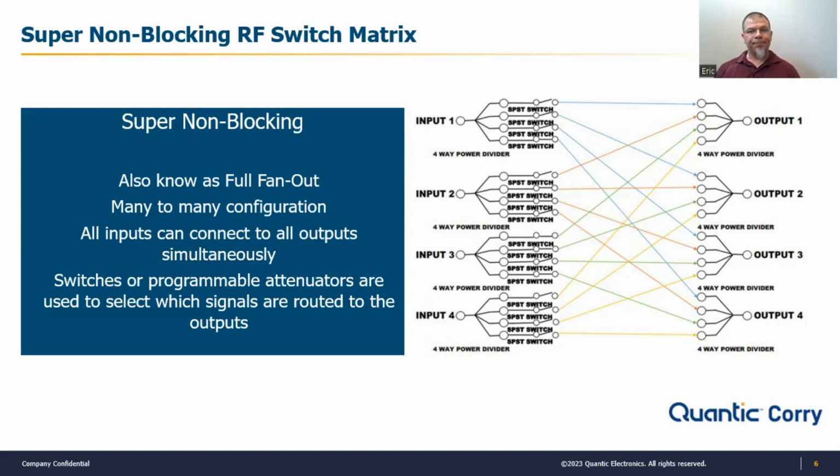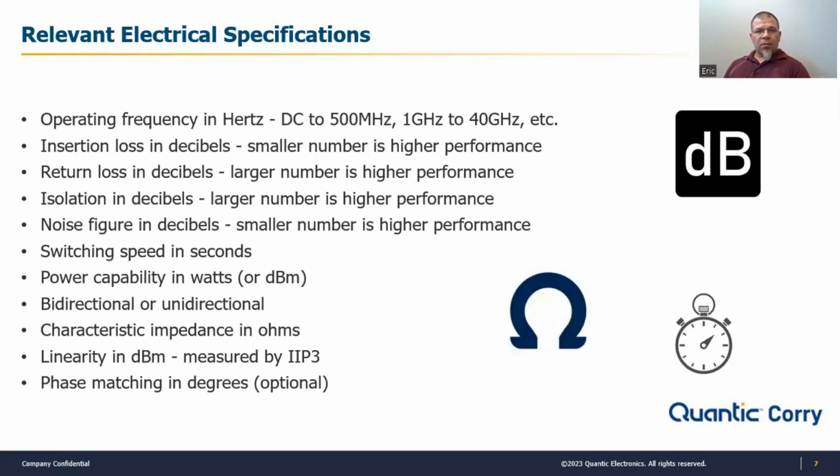Well, could you maybe give us some insights then into some of the electrical specifications associated with these? So the electrical specifications that are important for a radio frequency switch matrix are operating frequency. So, what carrier frequency do you need your switch matrix to operate over?